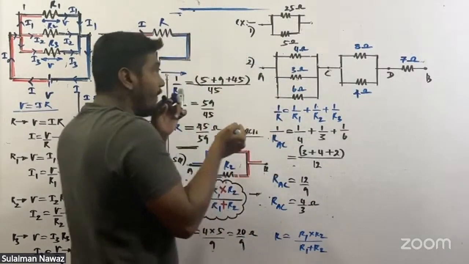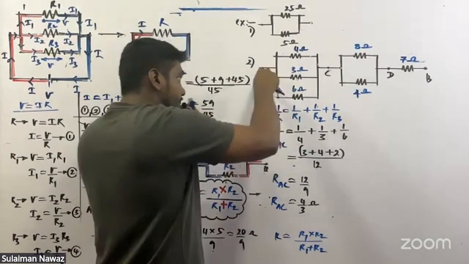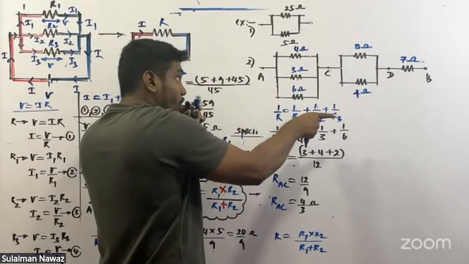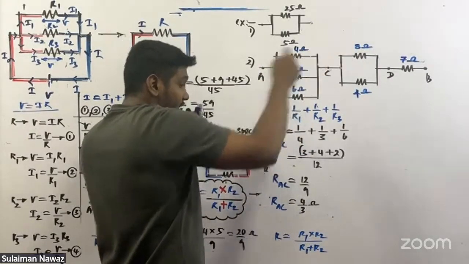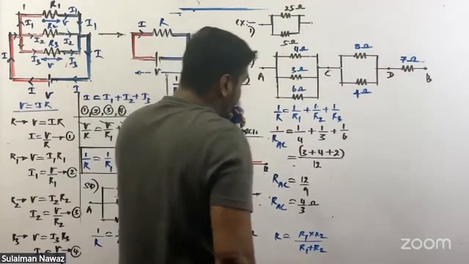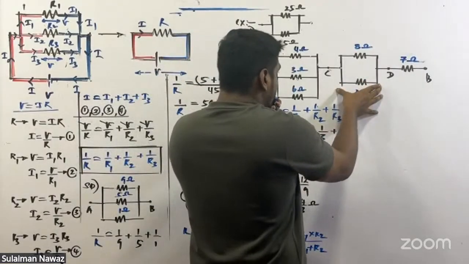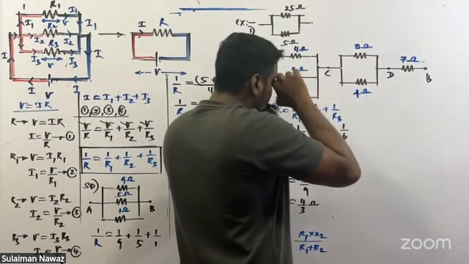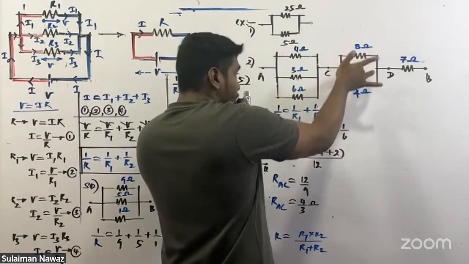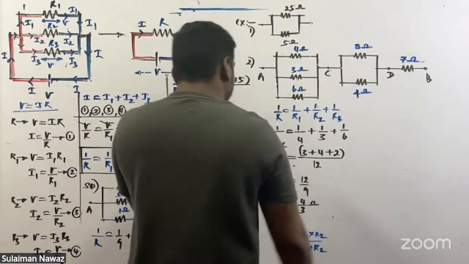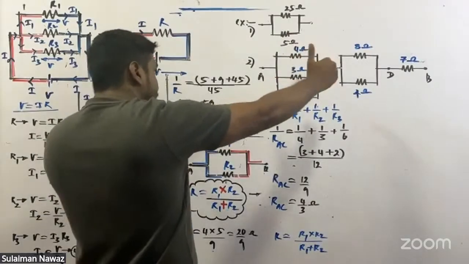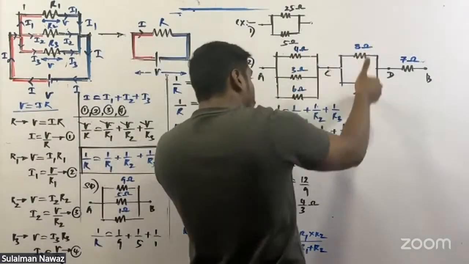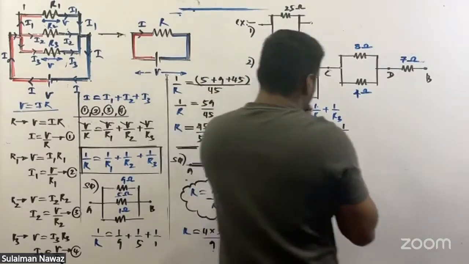But my target is not finding the equivalent resistance between terminal A and C. My target is to find the equivalent resistance between point A and B. Likewise, can you find the equivalent resistance across point C and D? Then this is easy. If there are two resistors in parallel, I taught you a short method: multiply the magnitudes and then divide by the addition of these two magnitudes. Then RCD is a bit easy.